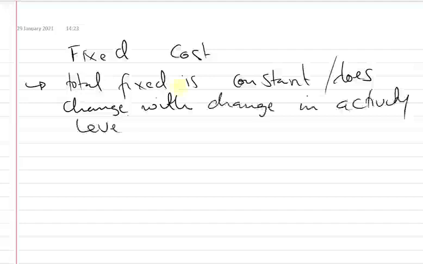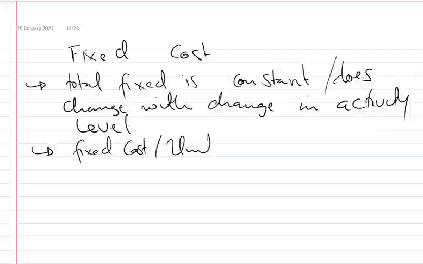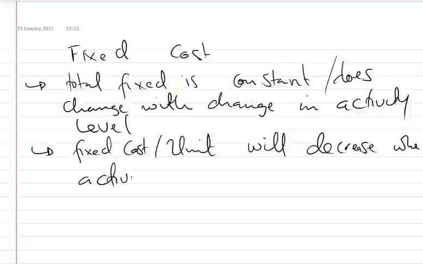That's the first characteristic. While fixed cost per unit will decrease when activity level increases.